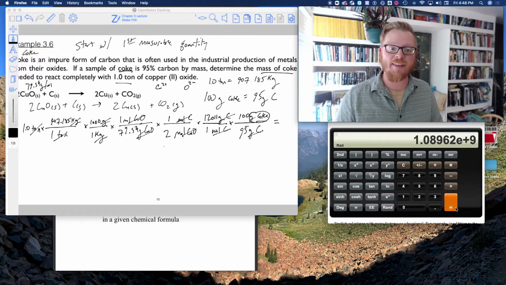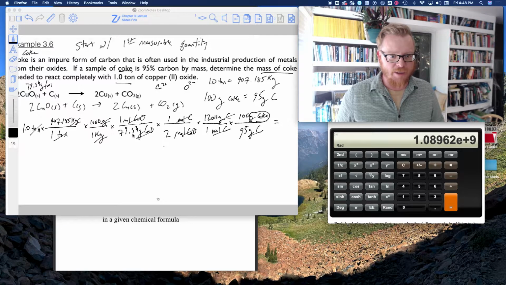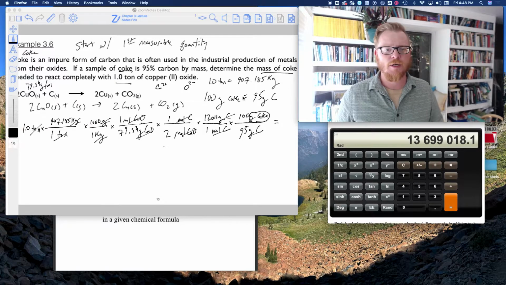Now I'm just going to leave that in the calculator, all right? And now I can say divided by 79.54, okay? Equals, divide by 2 equals, and finally divide by 95.